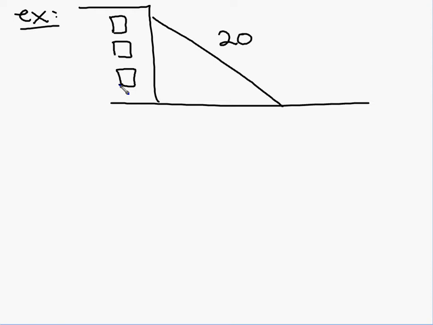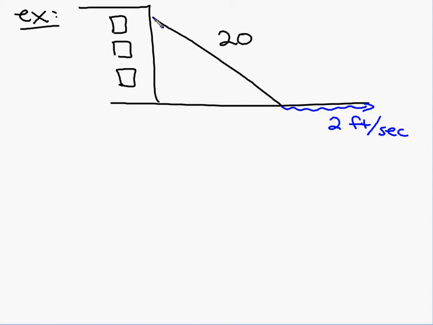If the bottom of the ladder slides away from the building at a rate of 2 feet per second, how fast is the ladder sliding down the building?